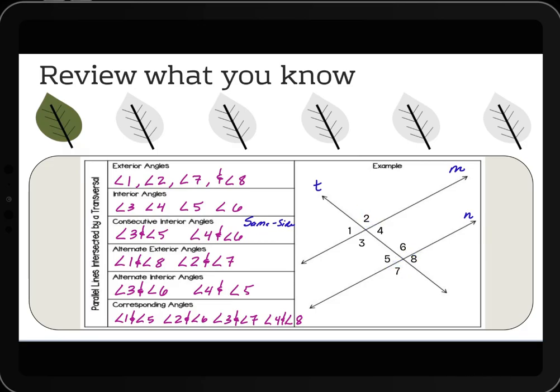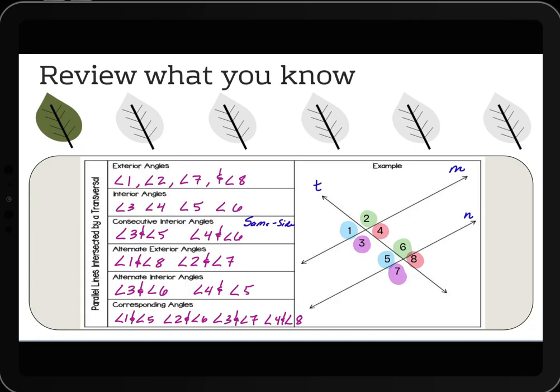We also have the alternate interior angles, 3 and 6, and 4 and 5. And then lastly, we have the corresponding angles. So we have angle 1 and 5, angle 2 and 6, 4 and 8, 3 and 7. And those are the corresponding angles.